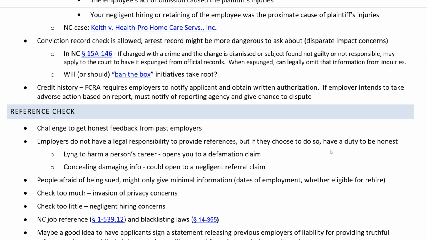And if the employer intends to take adverse action based on the credit report that they pull, then they have to notify the applicant of the reporting agency that they used, and give the applicant a chance to dispute what's on that credit report.